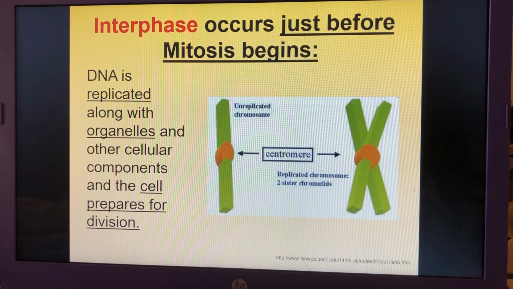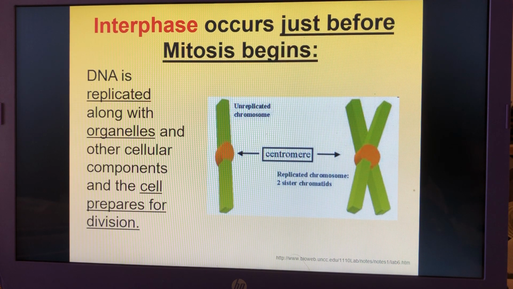Interphase occurs just before mitosis begins. And the DNA is replicated in interphase, which is very important because we need the same information in the cells that we end up with at the end of division that takes place in mitosis. So this DNA replication is very, very important, along with the forming of the organelles that happen during interphase.